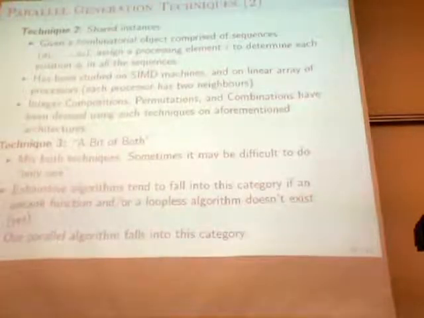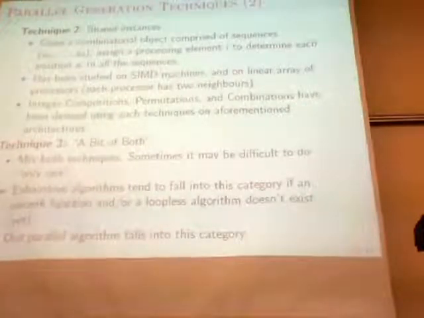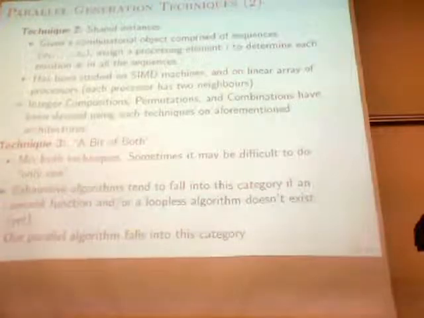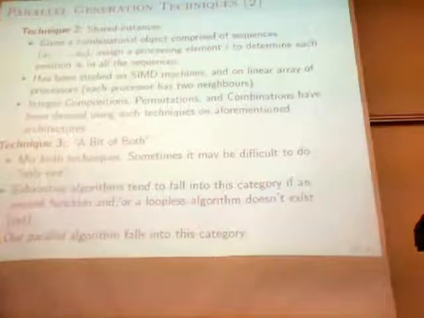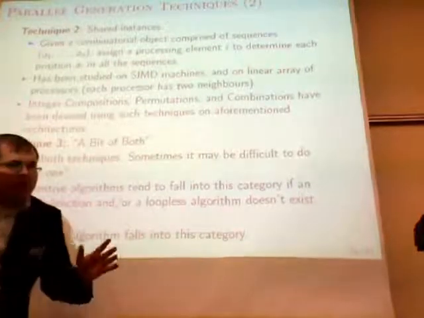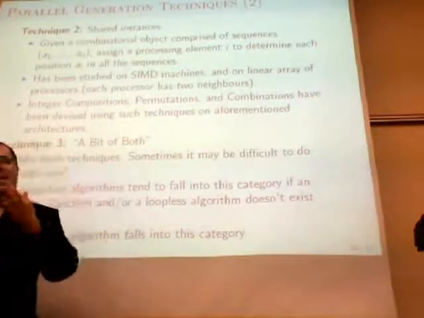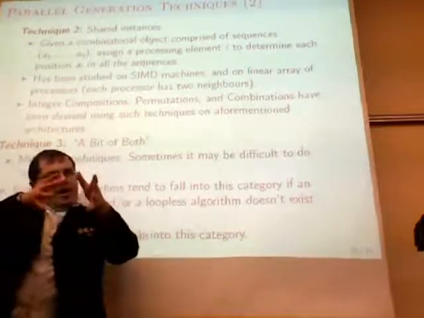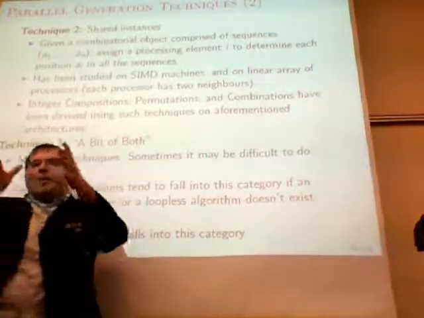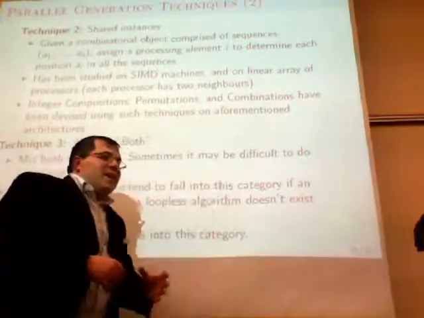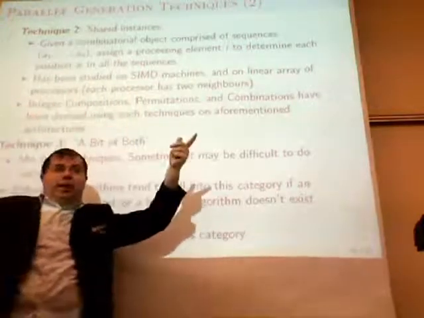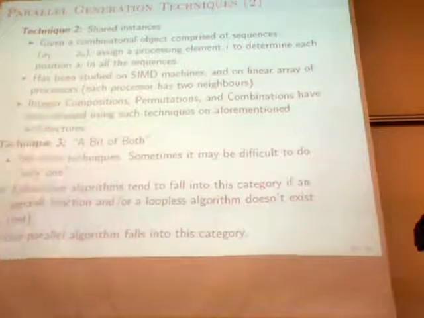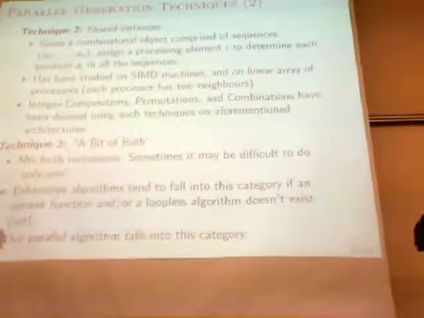Now, the second technique, I'm not going to say that much about it because we're not going to focus that much on it, but it is something that people have looked at, which is considering shared instances. So in this particular case, instead of saying, okay, I'm going to break up my instance and share how many I'm going to be constructing, I say, okay, I'm going to put each processing element or thread in charge of each index of, say, the sequence.